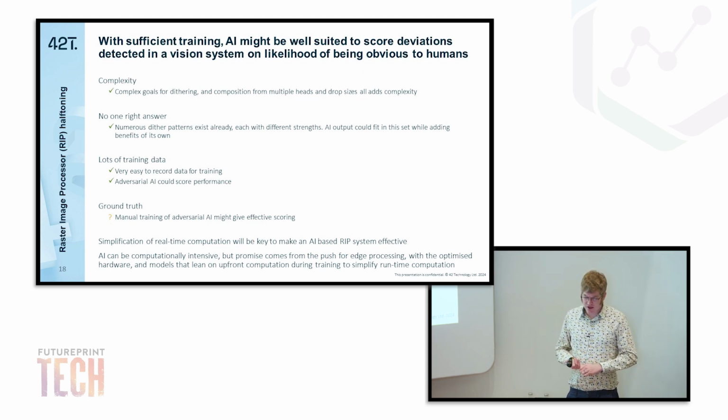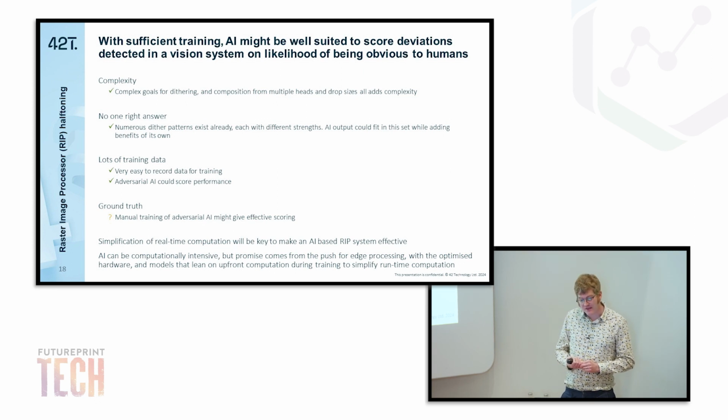For training data, there's a huge amount of data, but defects might be rare and difficult to recreate realistically. So there may be a challenge to overcome there. Ground truth, I think, is the key thing, where if there's enough value to introduce enough ground truth to train these models, then that's where this will come into its own.